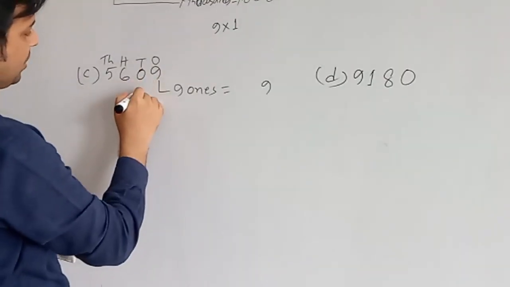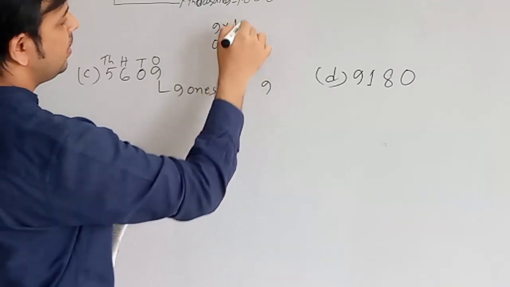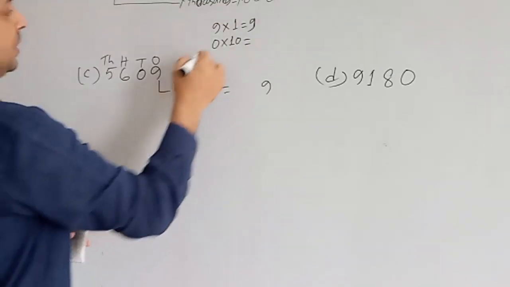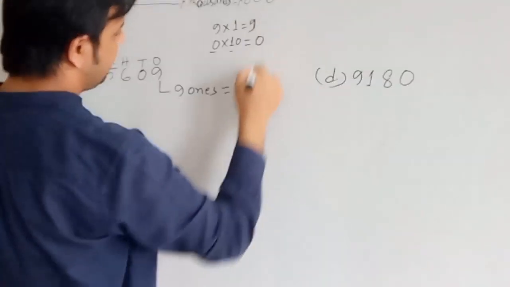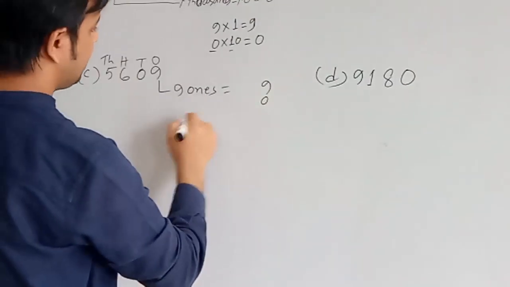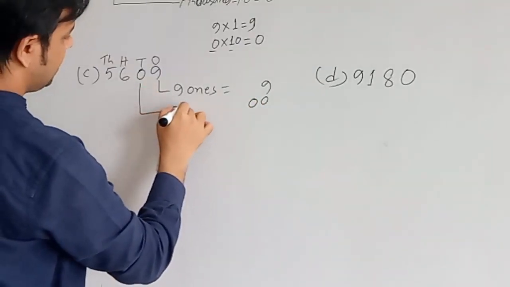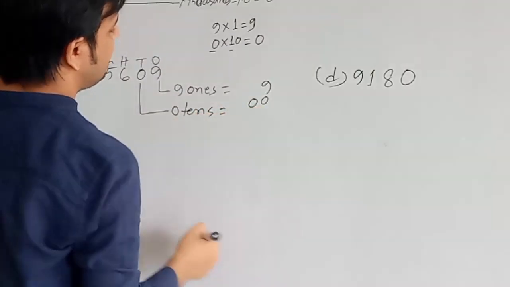And then 0 tens. 0 tens means 0 multiplied by 10. If we multiply 0 by any number, the product will be 0. So we can write here 0. As this is second position, 0 tens. So the value of this number is 0.